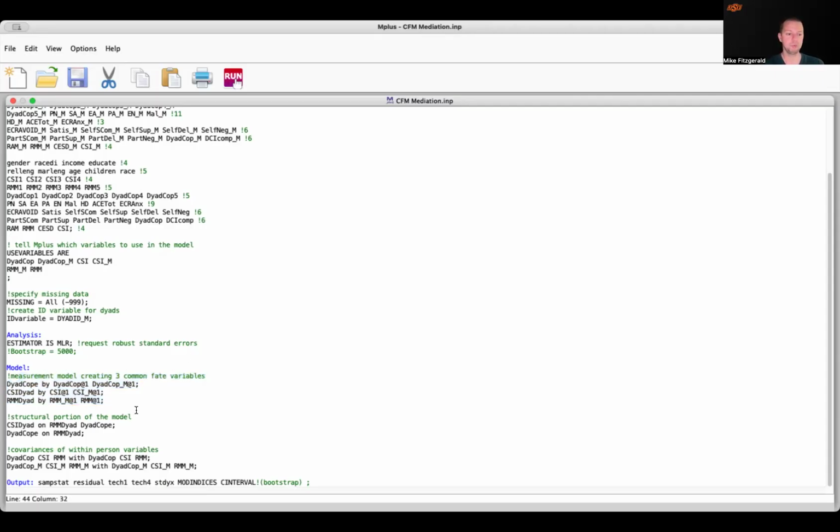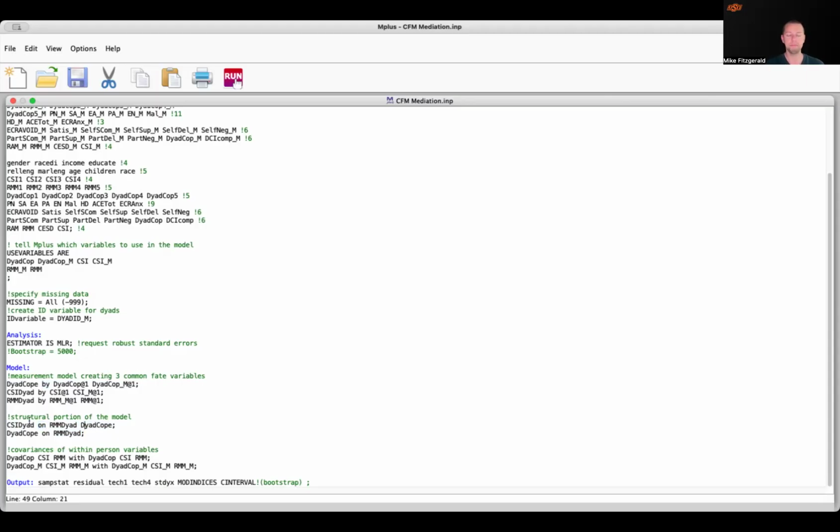Right? And so we're accounting for shared variance between the dyad members, between the male partner and the female partner. And then we're going to have a structural portion of the model. This is going to consist of our direct effects. Remember, in Mplus, BY is factor loading. ON is going to be our direct effects, our regression.